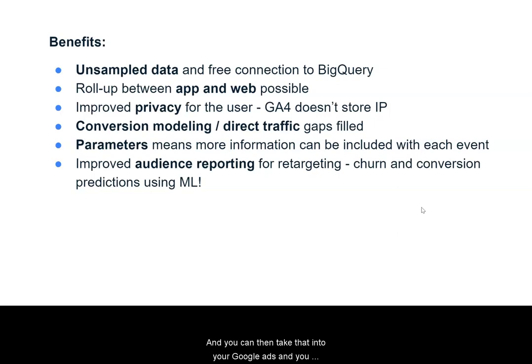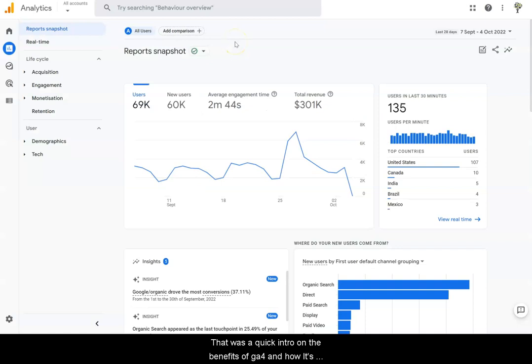And you can then tie that into your Google Ads and retarget them specifically. That's something you couldn't quite do in UA. It's using machine learning on your data to see which users are going to churn or are close to converting, and then you can use that to retarget how you want to. So that was a quick intro on the benefits of GA4 and how it's evolved.